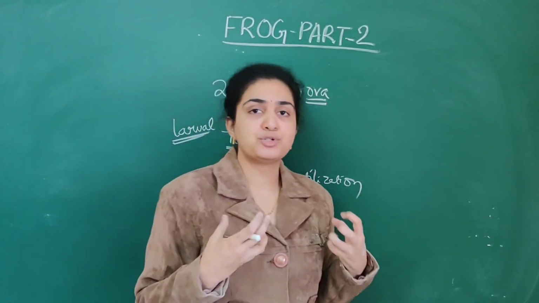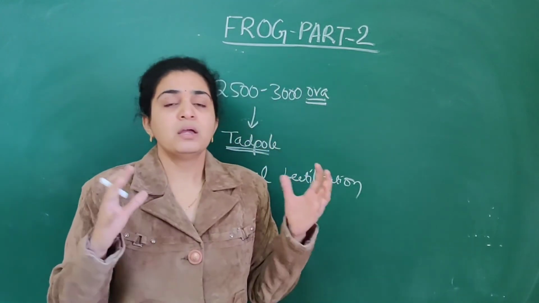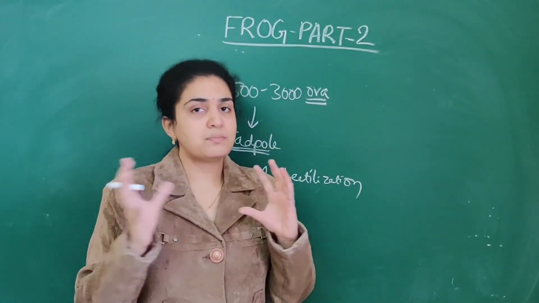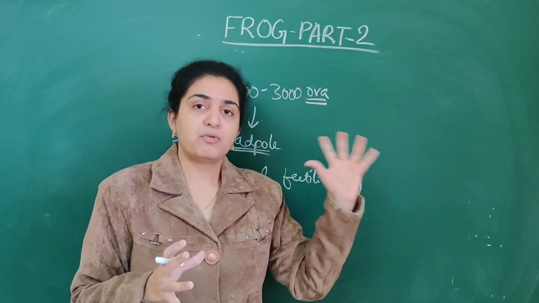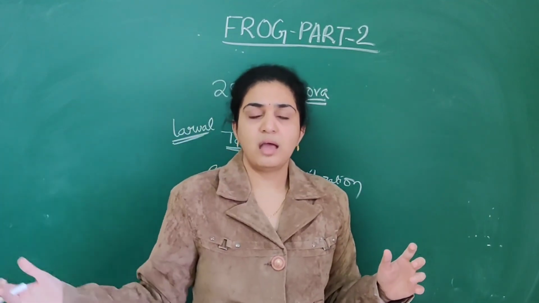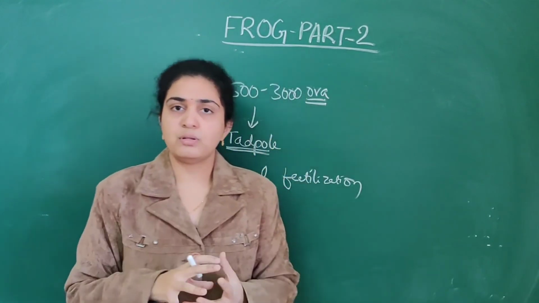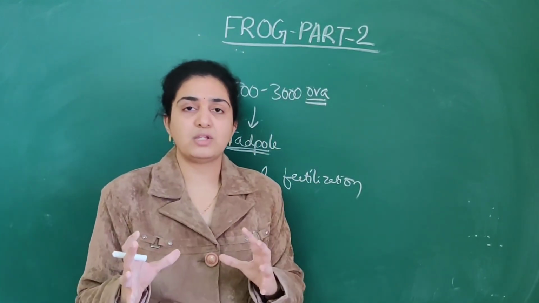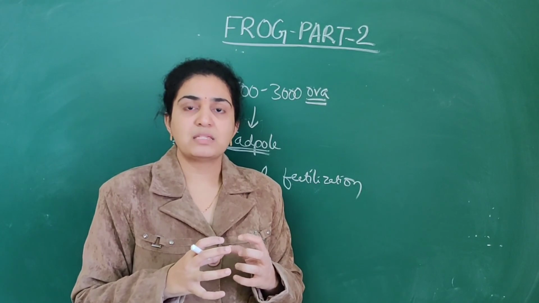The larval stage which you should remember is the tadpole. In the excretory system, kidneys are present. In the digestive system, same, stomach, intestine, everything is present, same as human beings, and bile juice, pancreatic juice, everything will mix up.